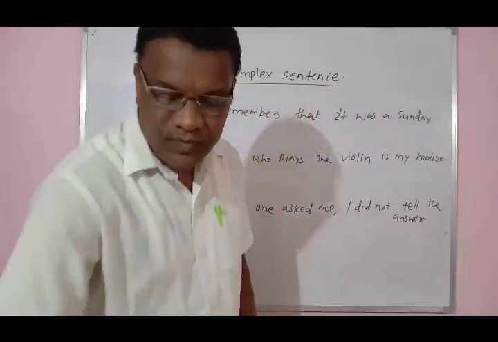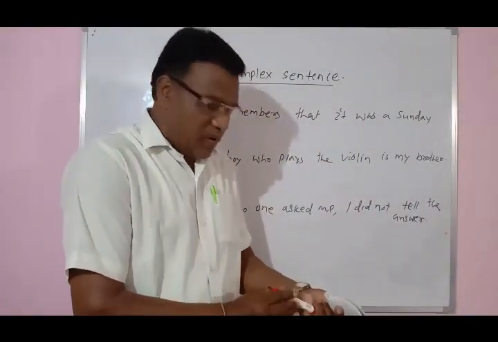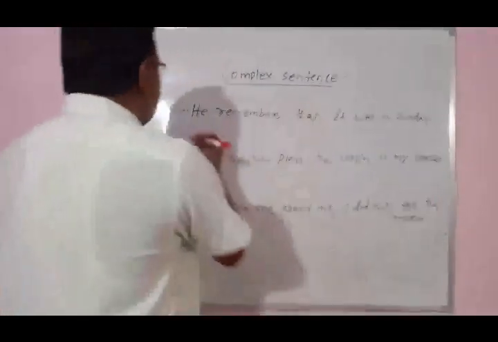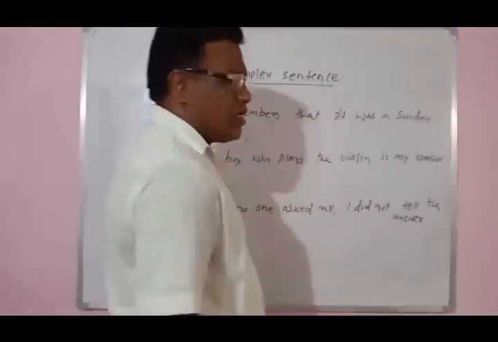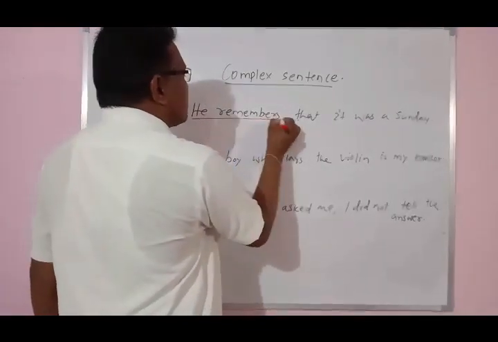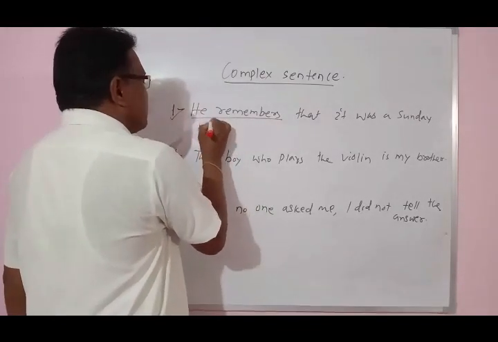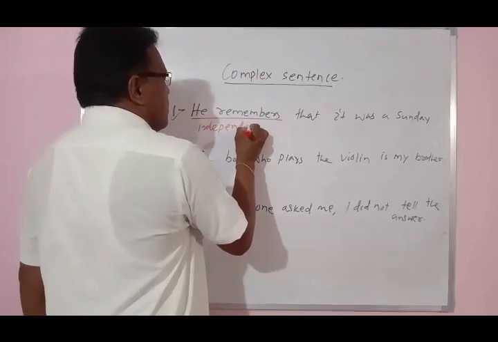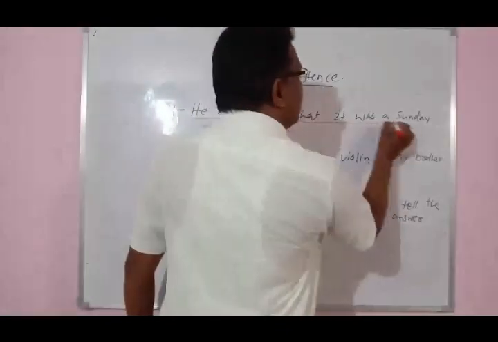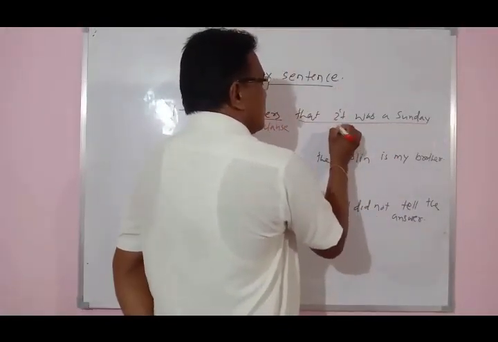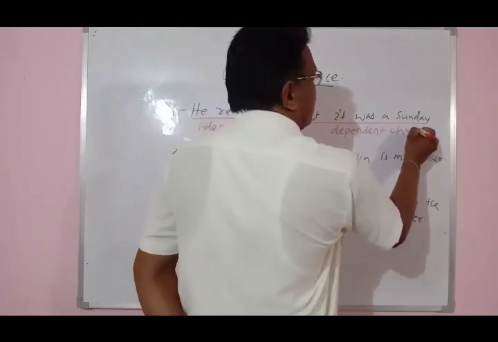You see, students, complex sentences. Here you see the first one. He remembers that it was a Sunday. Here he remembers is an independent clause, and that it was a Sunday is a dependent clause.